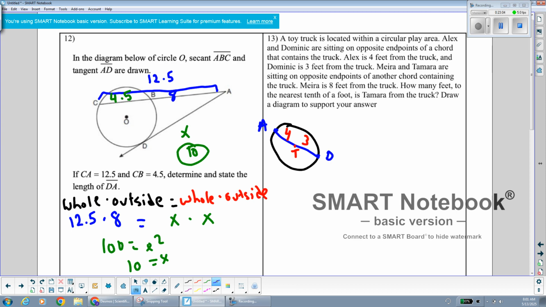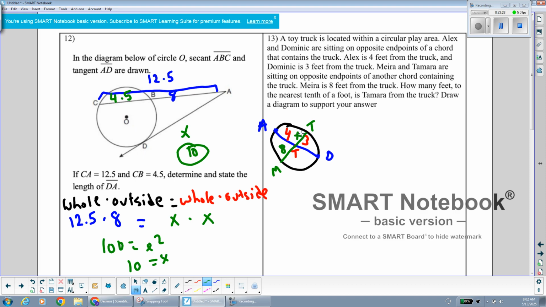Mira and Tamara are sitting on opposite endpoints of another chord containing the truck. Mira is 8 feet from the truck, and Tamara is what we're looking for. We're looking for how far Tamara is from the truck.